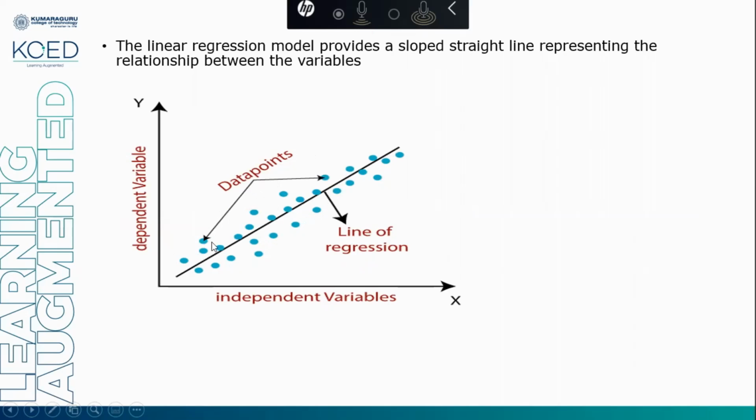The blue dots are the data points in the graph, and the straight line is known as the linear regression line, which represents the relationship between the independent and the dependent variable.